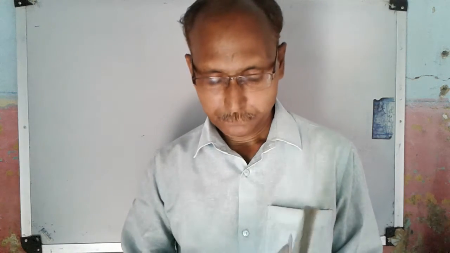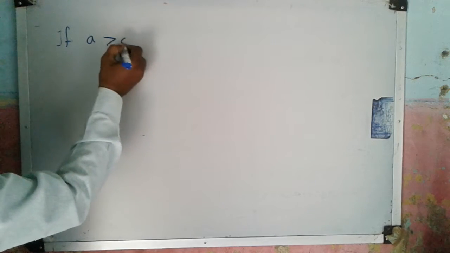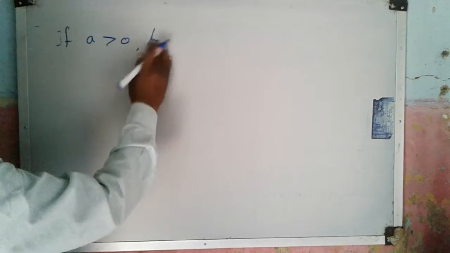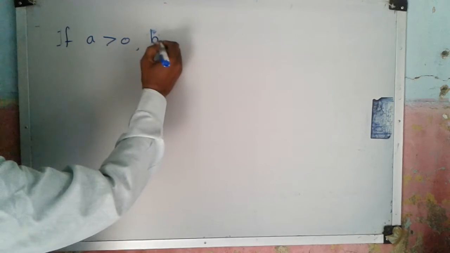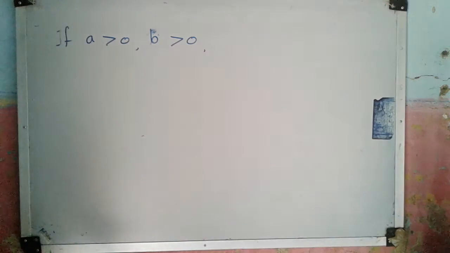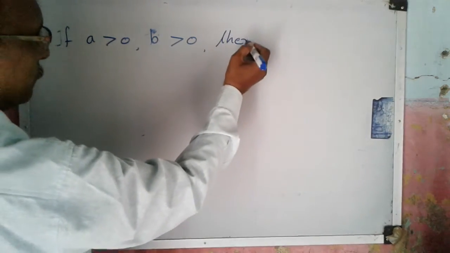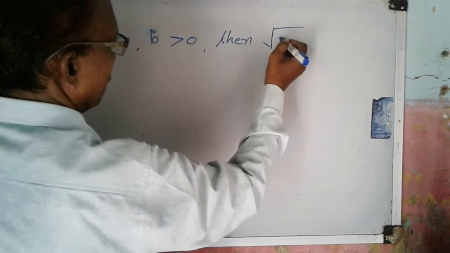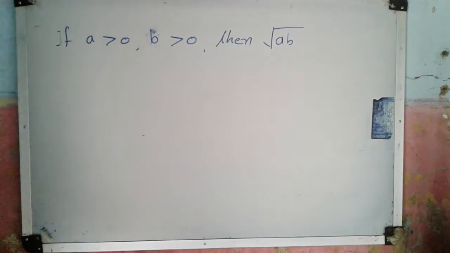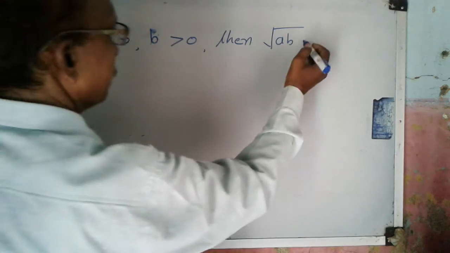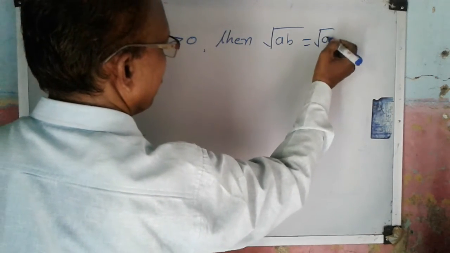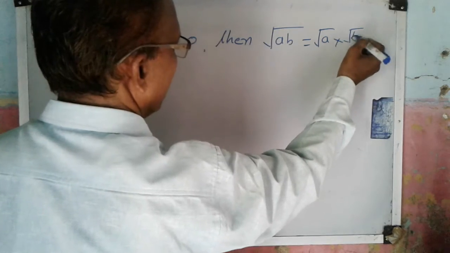Now here we know that if a is greater than 0, b is greater than 0, then square root of ab is equal to, we know this rule.